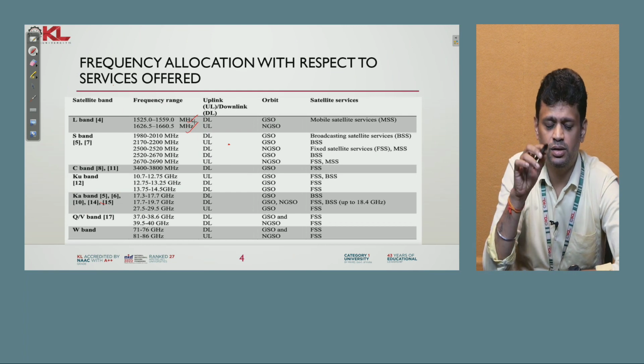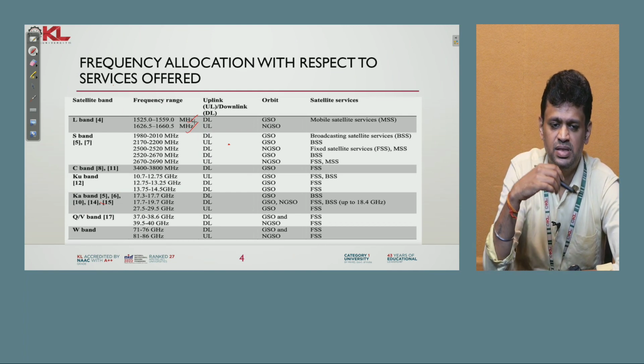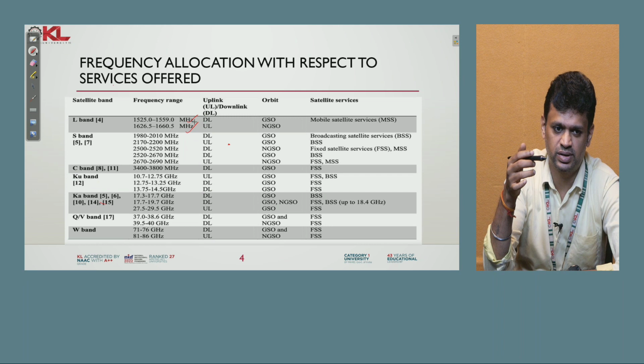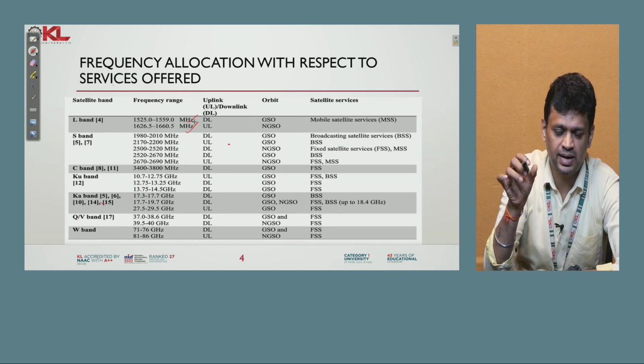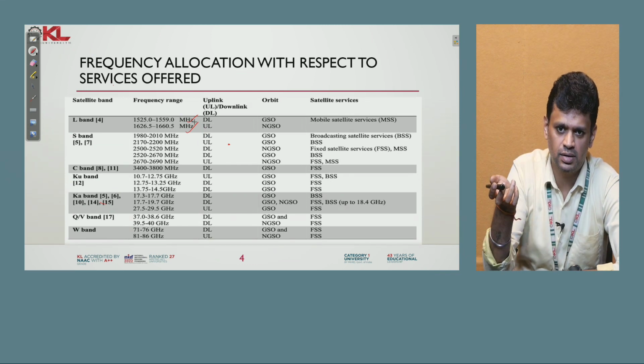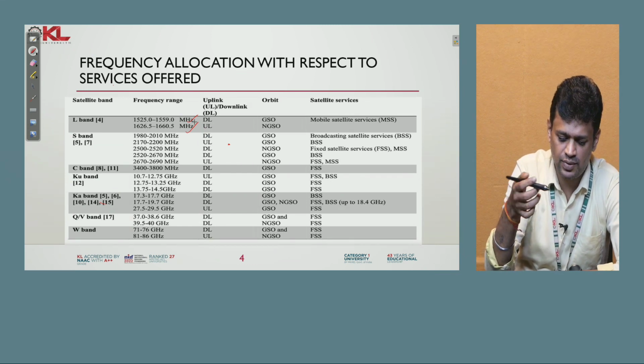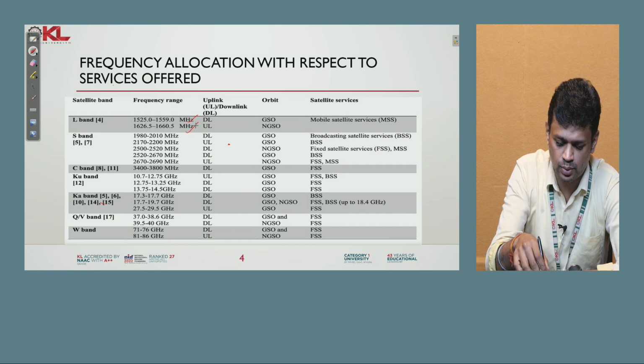Now, it is a known fact that as the frequency increases, the path loss also increases. Mobile communication via satellite is a very widely used service, so we have given mobile services this particular frequency range.